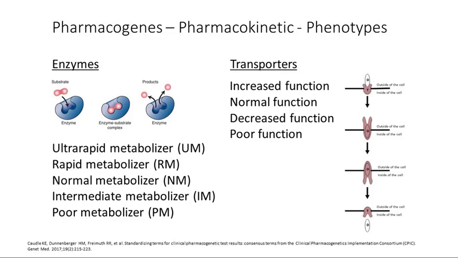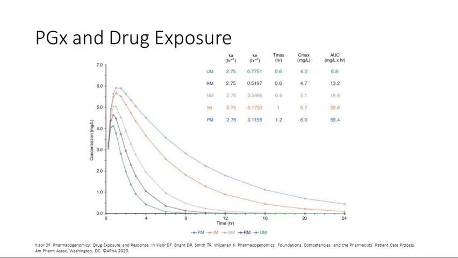We also have adopted some common transporter terminology for function: increased function, normal, decreased, and poor function. So in this context, an individual may be put in a category based simply on their genetics, notwithstanding potential drug interactions, and this can affect exposure to medication. And that's the context I'd like to talk about this in, exposure. We're going to talk about area under the curve with some context to alterations in exposure.